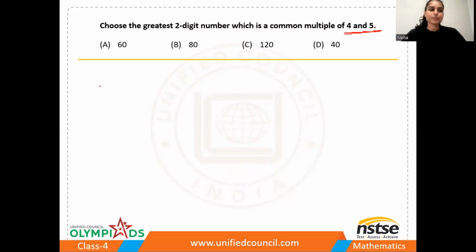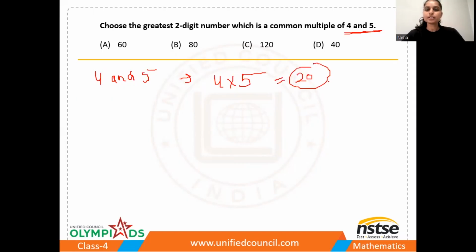So the common multiple of 4 and 5, we can say the multiple of 4 into 5, which is equal to 20. Right? 20 is 2 multiplied by 10. That means the number should be an even number and it should be a multiple of 10. It should be a multiple of 20.